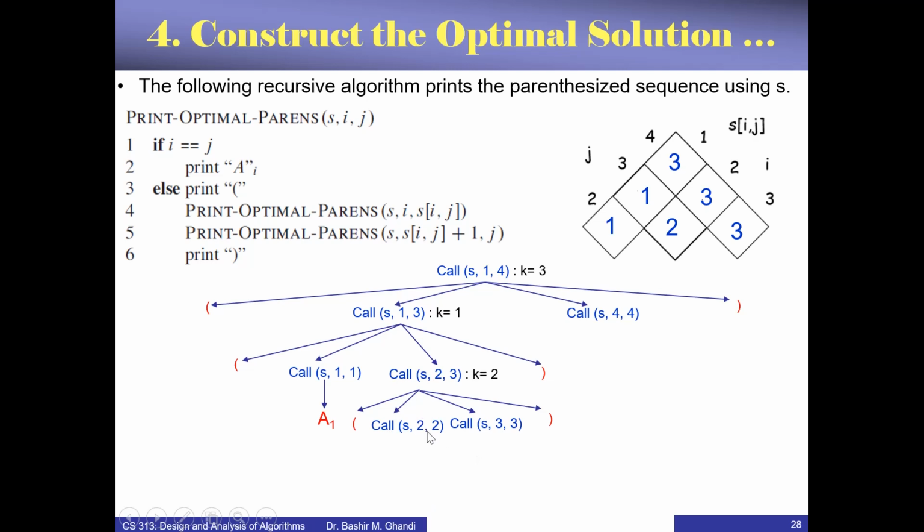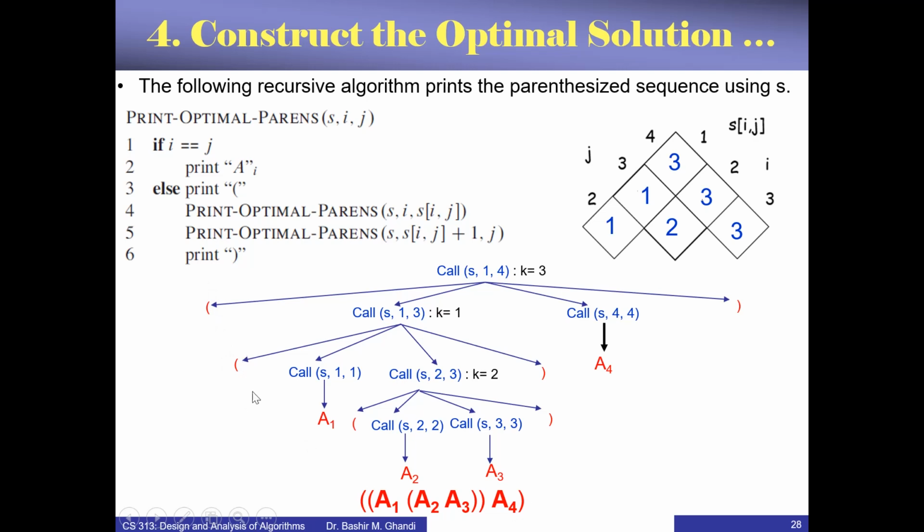Now this call will print A2 because I is equal to j, so it will just say print A[i]. Well, I is 2, so it will print A2. Similarly, this one will print A3. So the last recursive call we're going to do is this one, but here also I is equal to j, so it will simply print A4. In other words, this is how the parenthesization will be done in order to obtain the minimal cost.